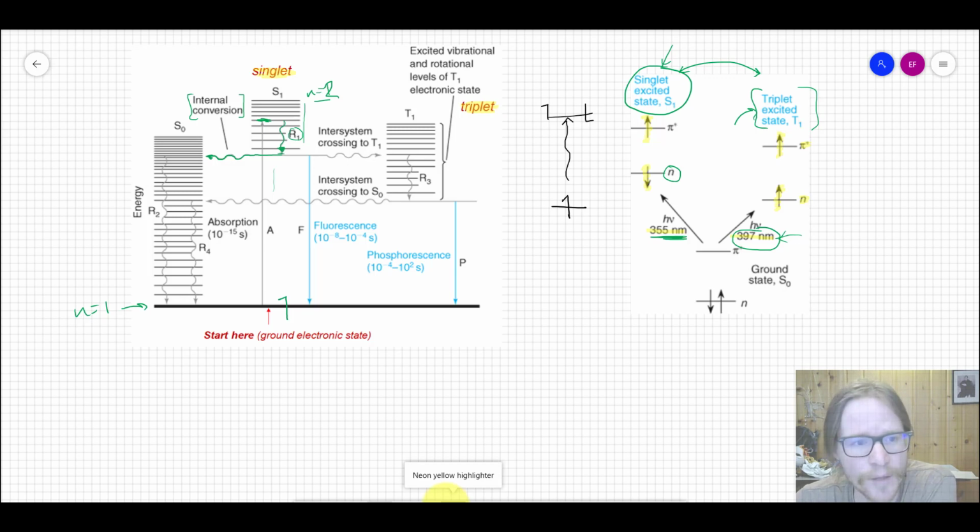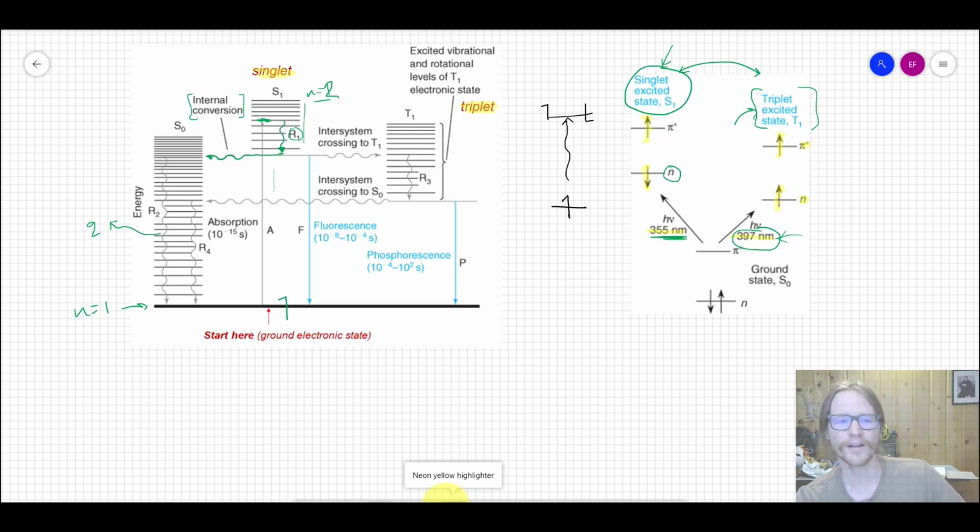But what it can do is go through this internal conversion method, and then it just relaxes all the way back down to the ground state. And in doing so, this gets released as heat from the system. And that's one way that the original energy of the photon gets conserved in the molecule as it relaxes back down to the ground state.